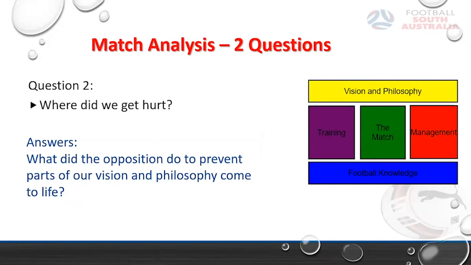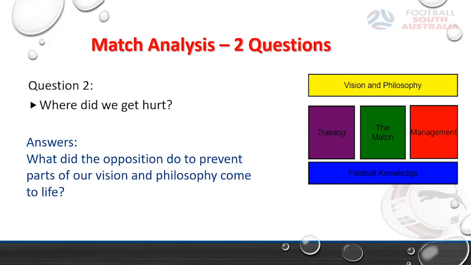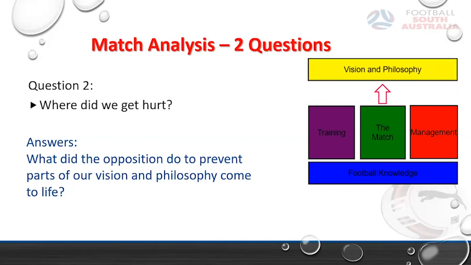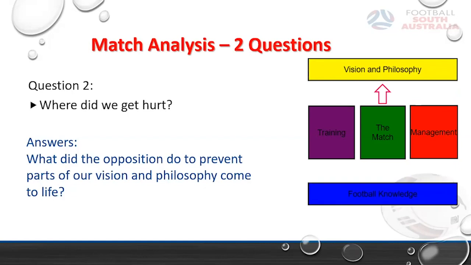And then the second one is, where did we get hurt? What did the opposition prevent? What parts of our vision and philosophy did they prevent coming to life? You've got your vision and philosophy and you've tried to action it. Maybe the opposition have stopped you somehow, found a way to exploit you, or found a way to shut you down. Now you've got to look back to your football knowledge.